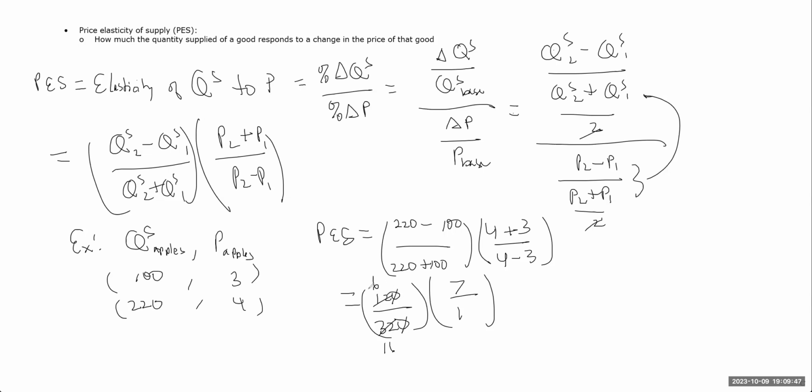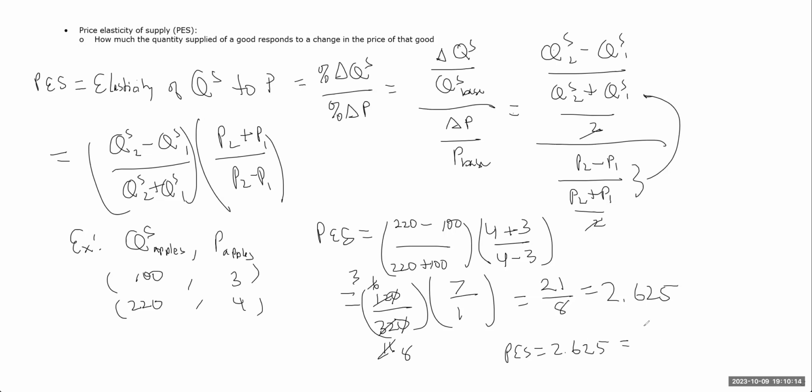And this is 3/8. So this is 3 times 7 is 21 over 8. And 21 divided by 8 is equal to 2.625. So again, the price elasticity of supply, I calculate as 2.625.